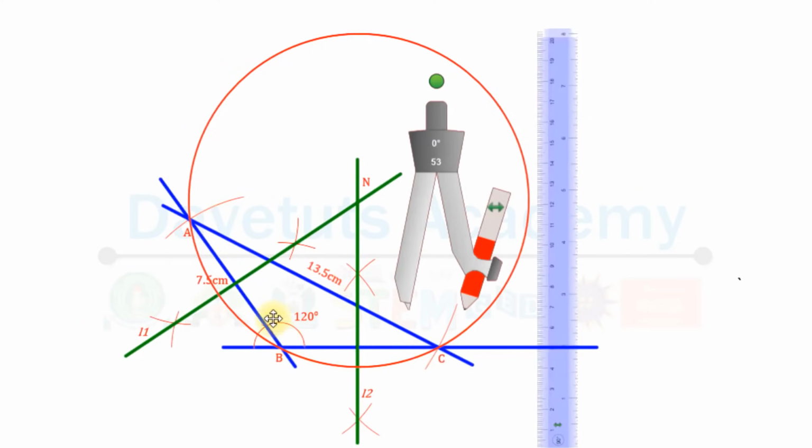And after constructing the triangle in that way, we went to find the perpendicular bisector of the line AB, which is defining the set of locus of points that is equidistant from A and B. And we did the same thing for the line BC.